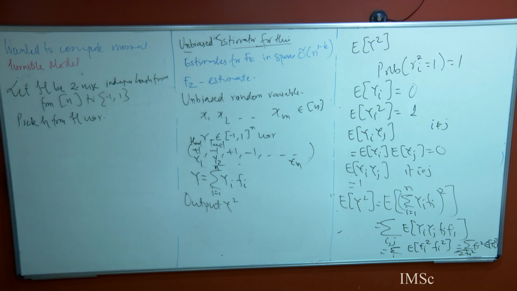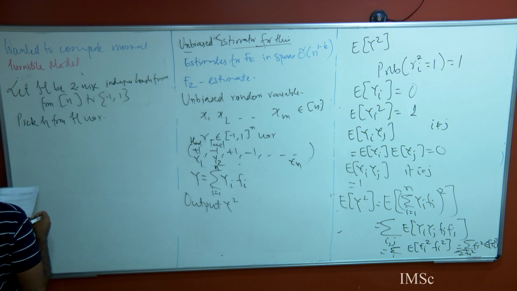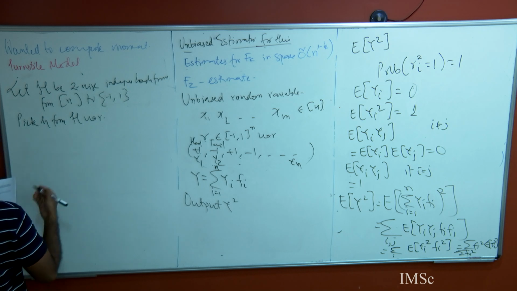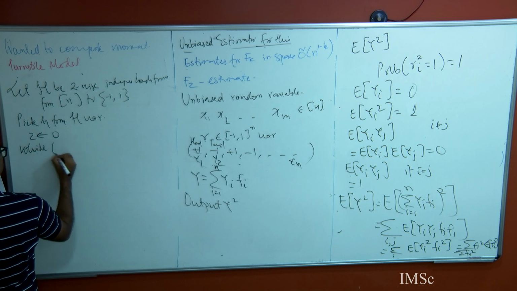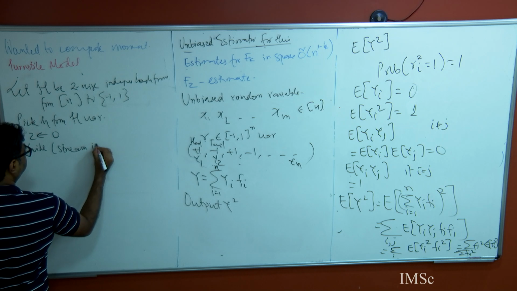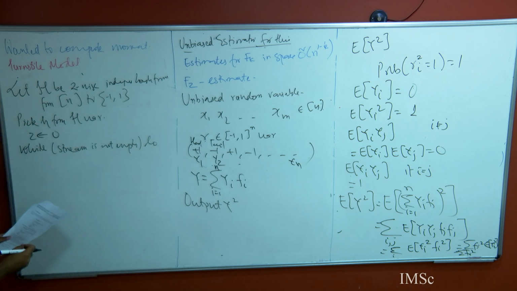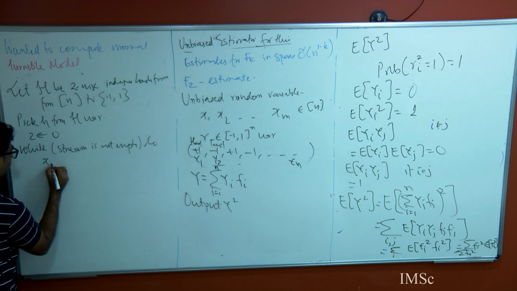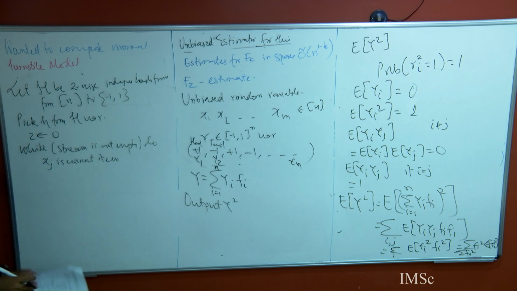So this is what we did. Initially Z is 0, while the stream is not empty, what will we do? Suppose Xj is the current item.